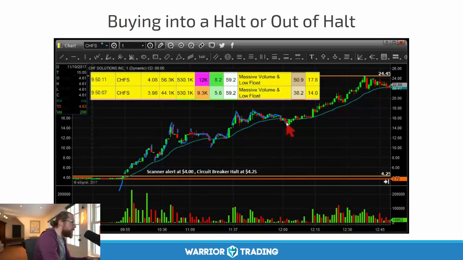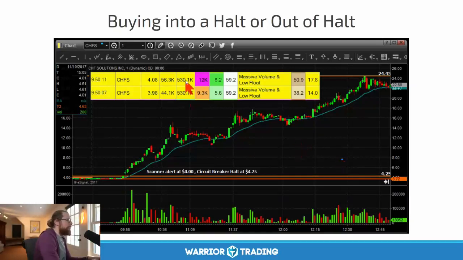Looks like it opens sort of sideways, then it opens lower on a second halt going down, squeezes up, halts going up, sideways, squeezes up, pull back, higher, pull back, higher, pull back, halt going up, looks like at 24. Opens lower, panic sell off down, dip trade back up to 24.